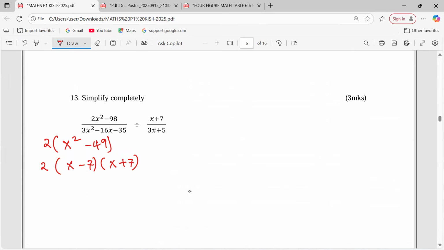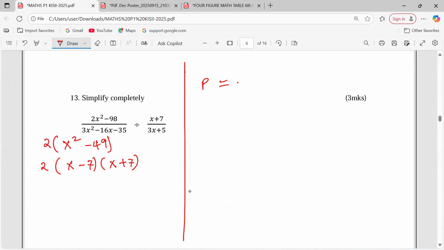So we have simplified the numerator. Let's check now the denominator. So at this point, we are now having the denominator, which is quadratic in nature, with a product of 3 multiplied by negative 35.